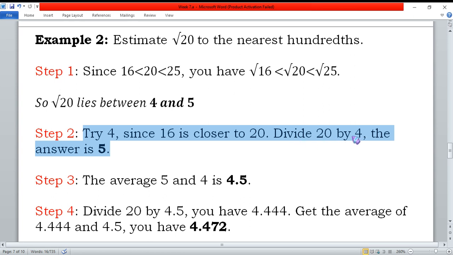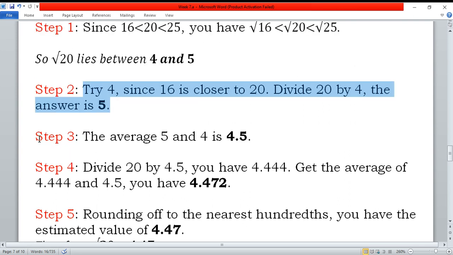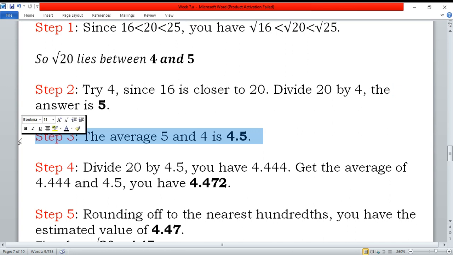And that's 4. So ngayon, yung 4 na yan ay i-divide natin sa radicand na 20. Yung given radicand na 20. Kaya 20 divided by 4, so the result will be 5. Okay? So sa step 3 naman natin, the average of 5 and 4 is 4.5.